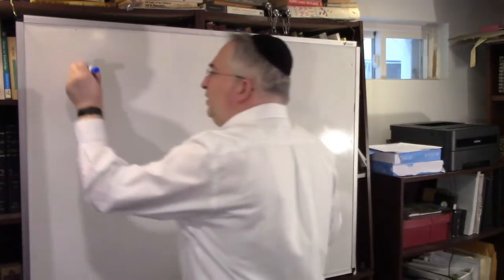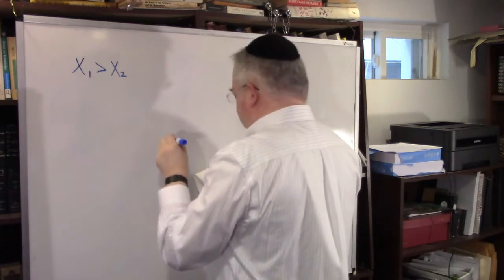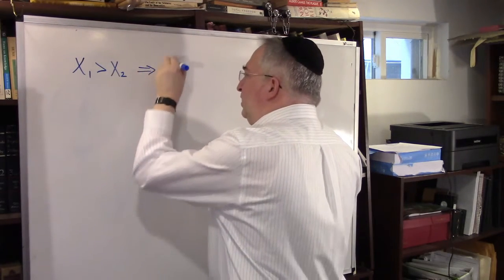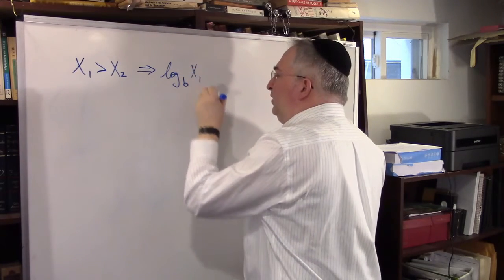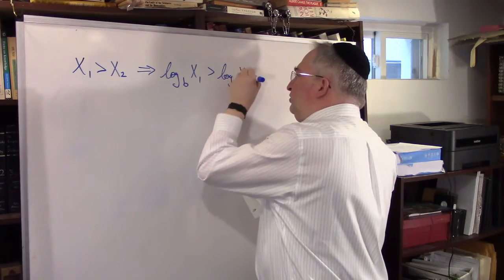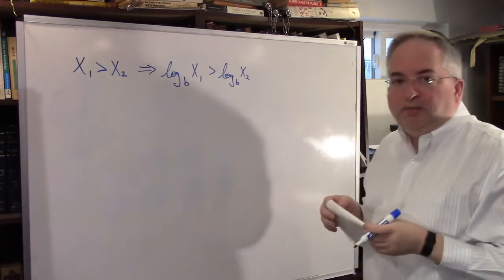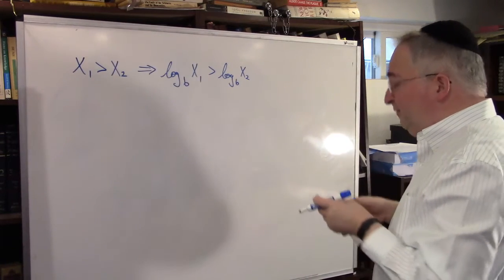So first of all, if x1 is greater than x2, that implies log base b of x1 is greater than log base b of x2. Okay, this is called a monotone function. If one number is bigger than the other, then the logarithms of them are bigger.